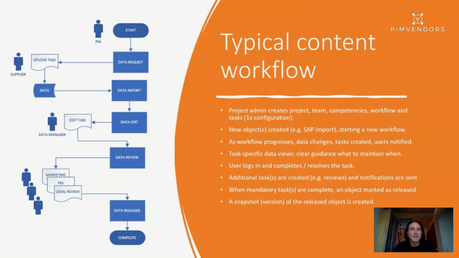There can be a single task, like the data manager has to edit the data, or multiple tasks at the same status. So when it comes to a review, maybe you have different departments that have to be reviewing the data. You've got marketing, product management, legal, etc. And at the end, obviously, things get released. You convert the data, you can output the data, publish it, etc.